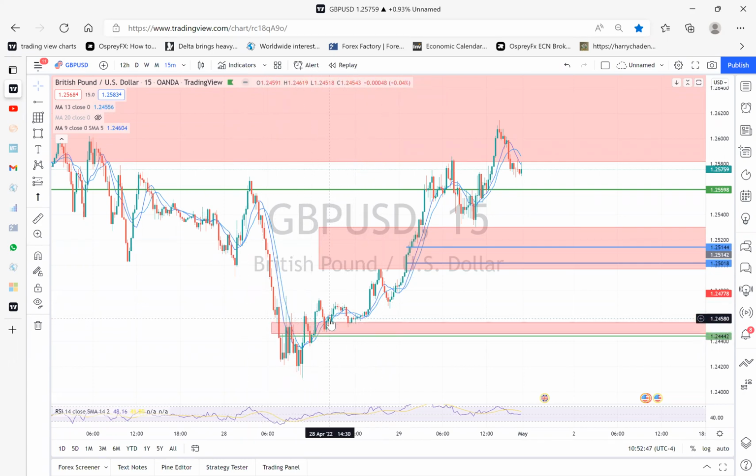Yeah. This marking has nothing to do with Wyckoff on this schematic. This is something that I'm looking at for maybe a future pullback.